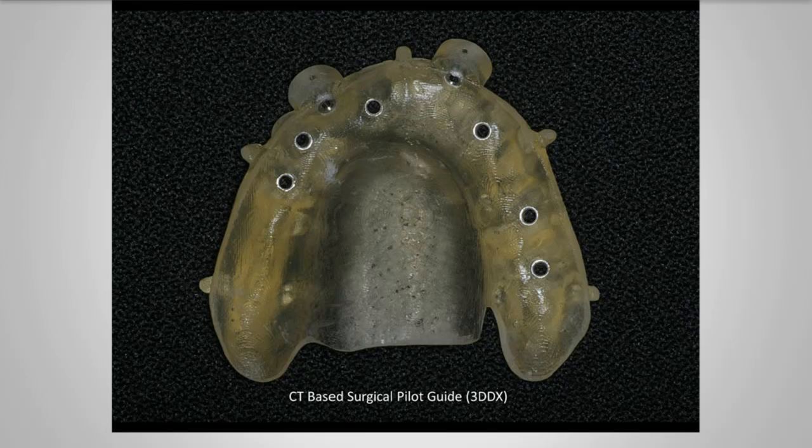One is a pilot guide where only the pilot drill goes through and creates the first pilot osteotomy. A second type of guide is a universal guide where it's a larger diameter opening, and using different size keys, you can sequentially go bigger to larger size drills and implants.